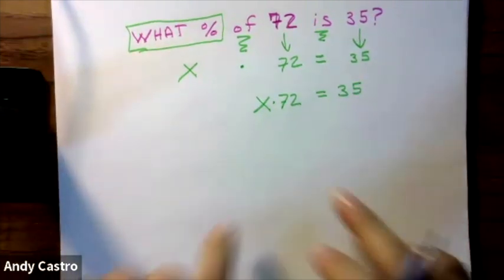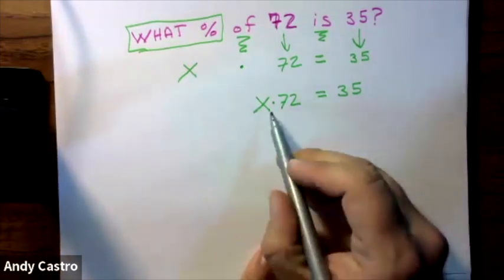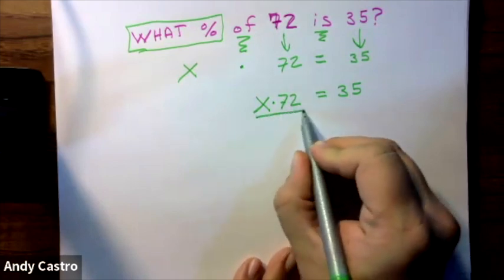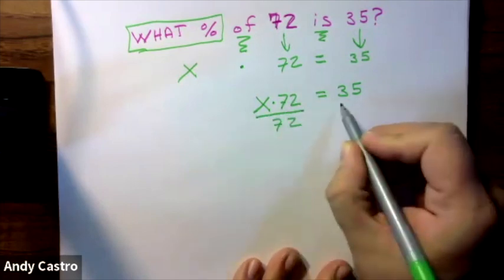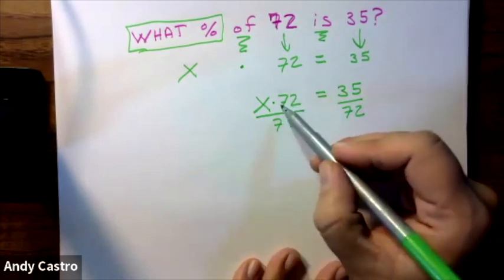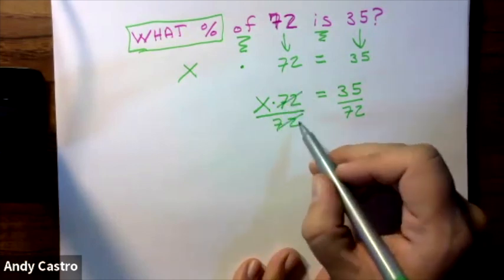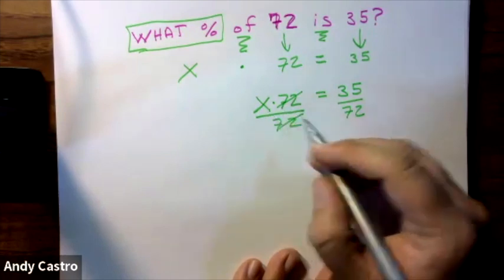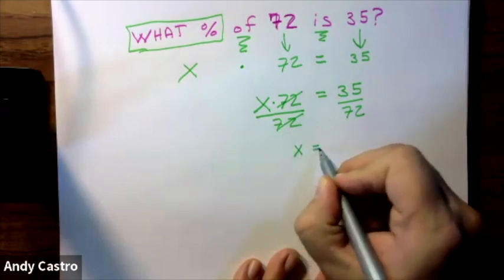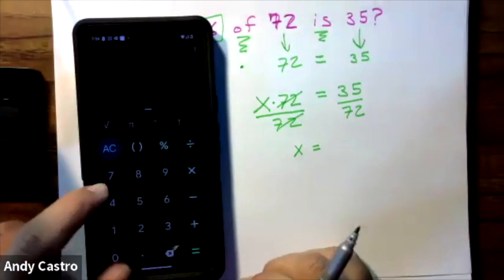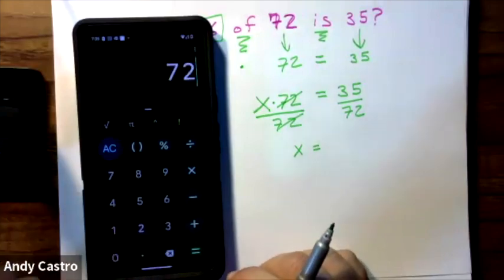Okay, so how do we solve for x? If I'm multiplying 72 by x to get 35, then I can divide both sides by 72 in an effort to get that x by itself. So the 72 over the 72 becomes 1. 1 times x is x. And then 35 divided by 72, you can use a calculator to do that.